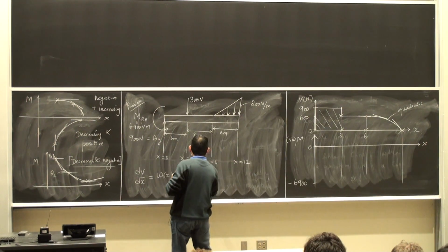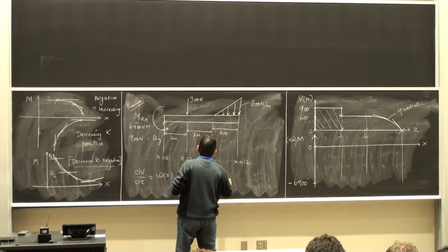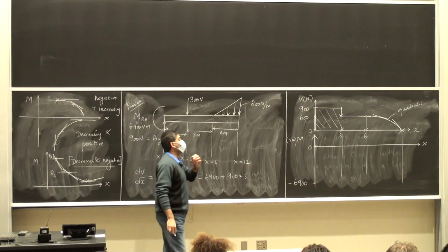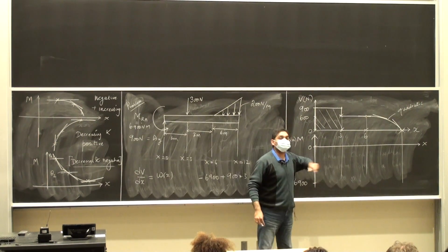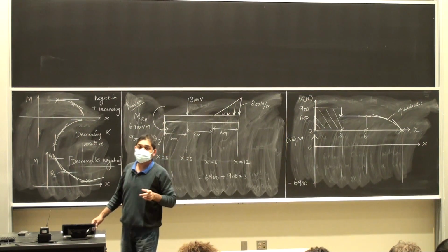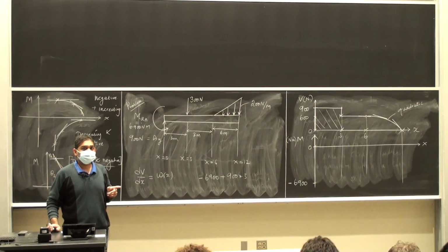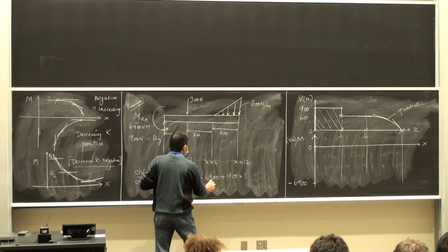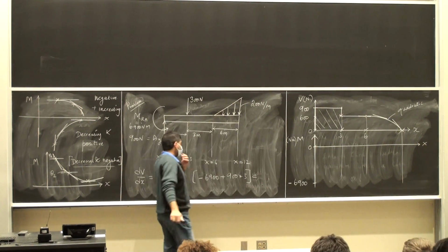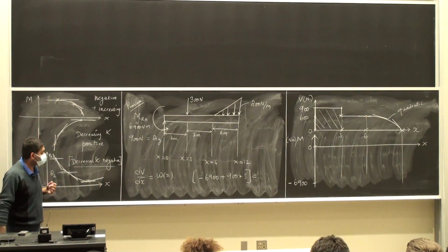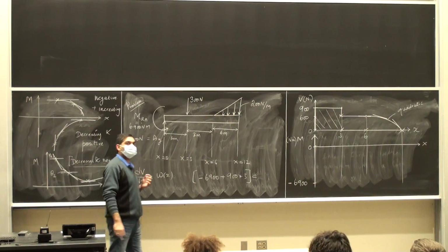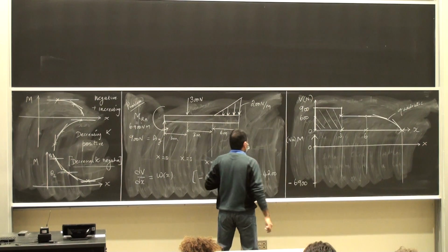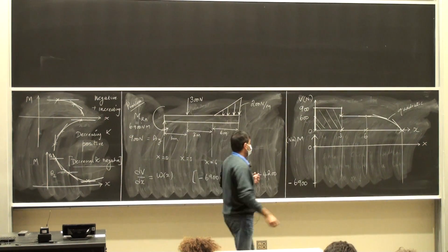So minus 6,900 plus 900 times 3 is the value of the bending moment at x equals 3 meters. Am I making sense to everybody? I'm not doing calculations as much, but I still need to do some. So minus 6,900 and then 2,700: negative 4,200, thank you. So I have to go to negative 4,200.